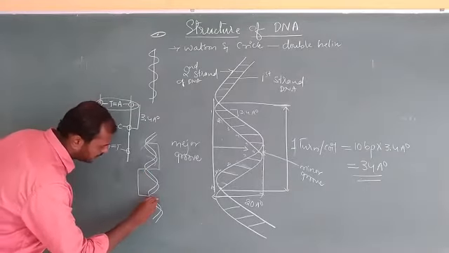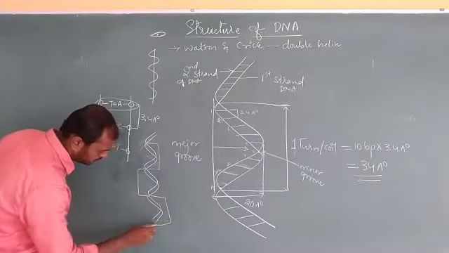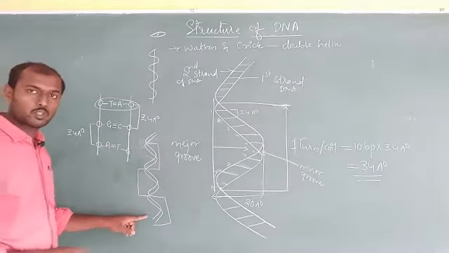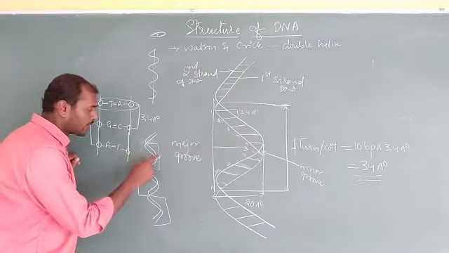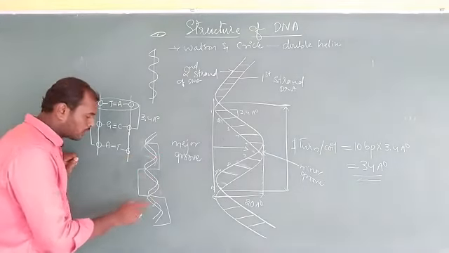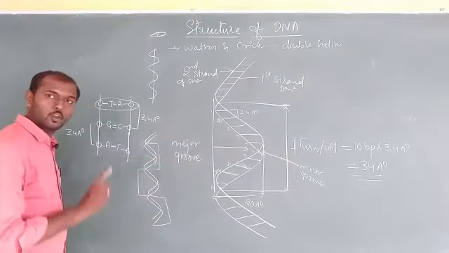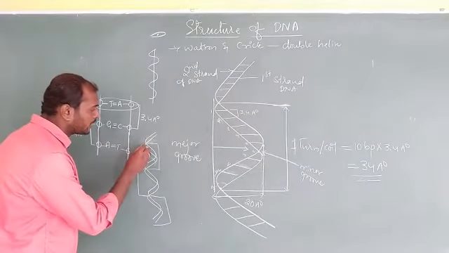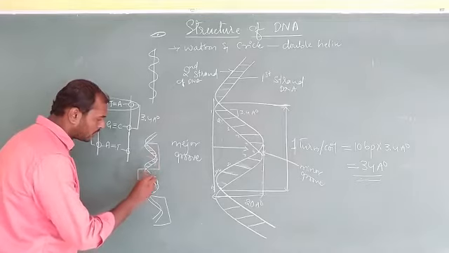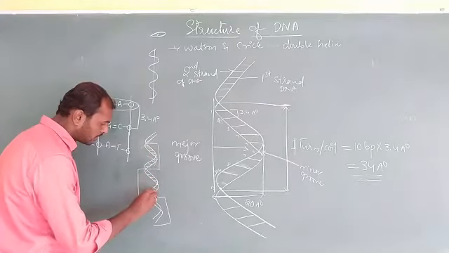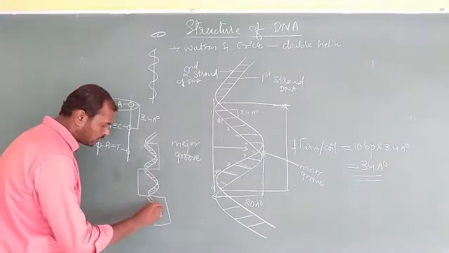In more turns, you can get one major groove, one minor groove, one major groove, one minor groove, one major groove, one minor groove. Got it? And also you are going to get 10 base pairs. 1, 2, 3, 4, 5, 6, 7, 8, 9, 10.